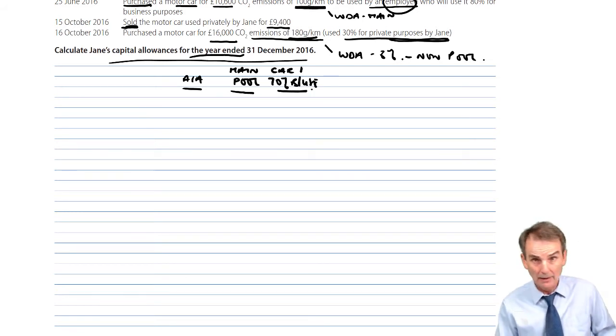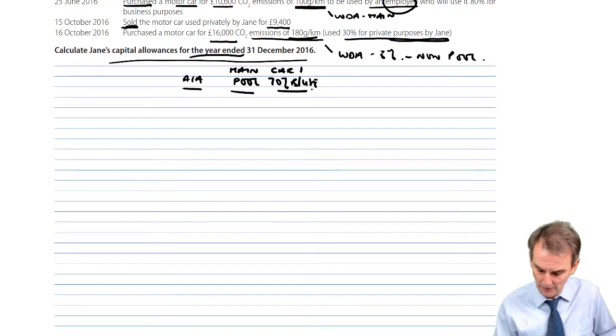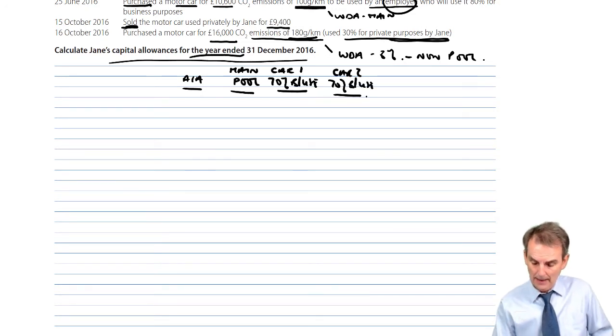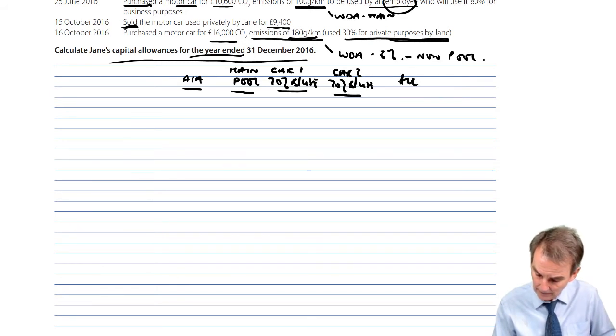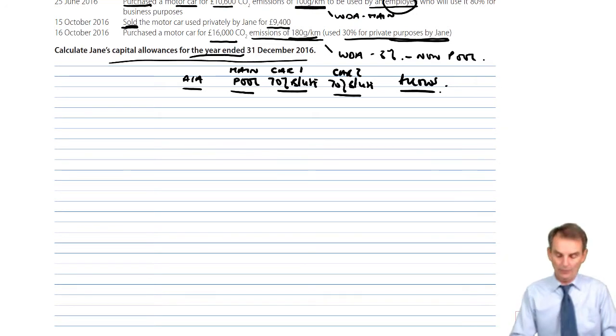There will also be car 2, acquired partway through the period to replace car 1, which also had 70% business use. And of course, finally, as ever, our column to record the allowances of the period.